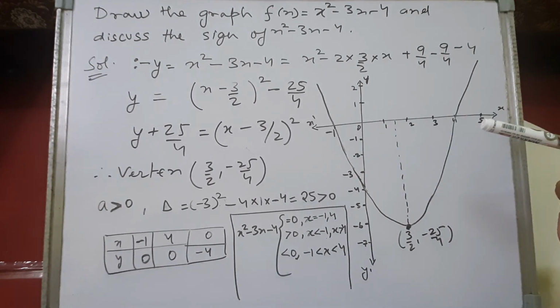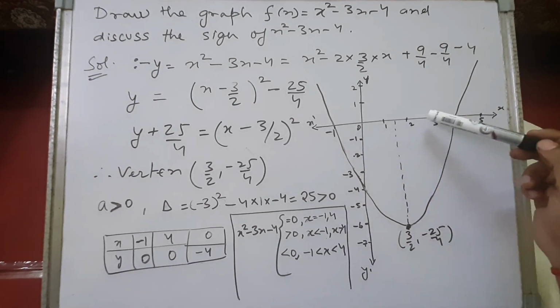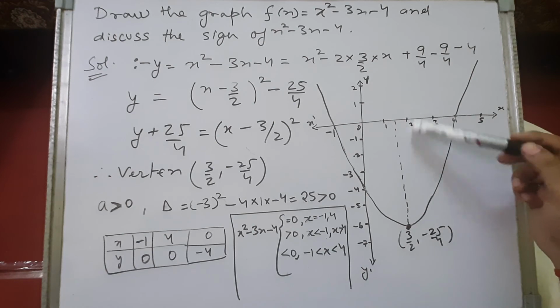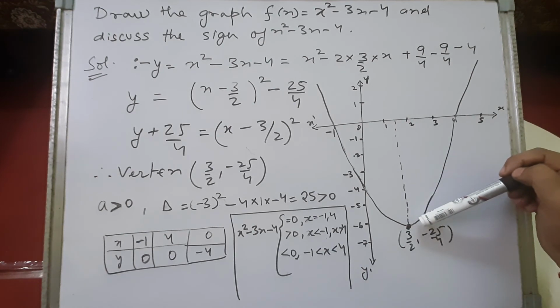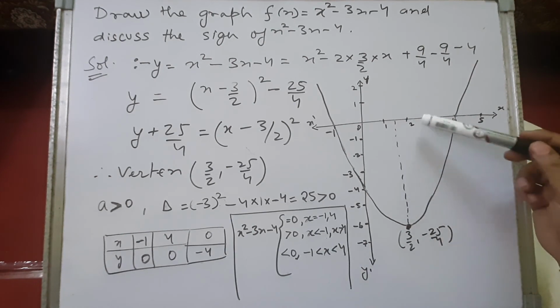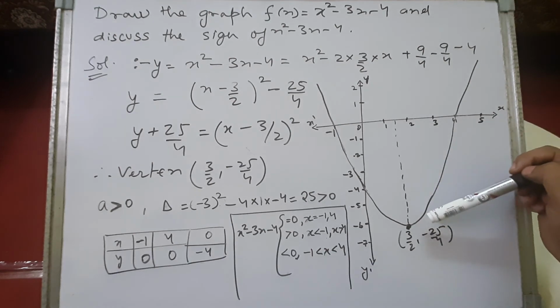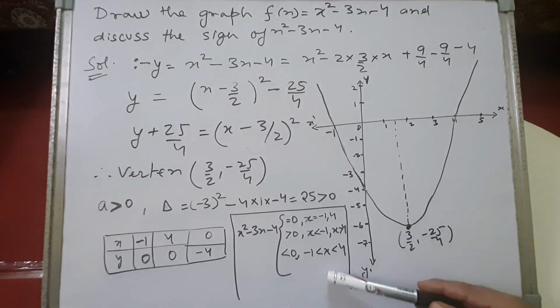That means the value of the quadratic function will be 0. In between -1 and 4, the parabola is below the x-axis, right? Below the x-axis means negative. So we can say that when x is between -1 and 4, the value of the quadratic function will be less than 0, or negative.